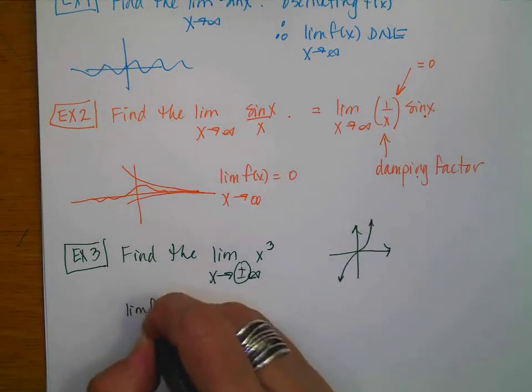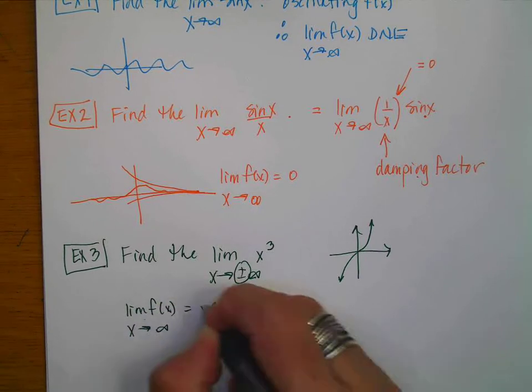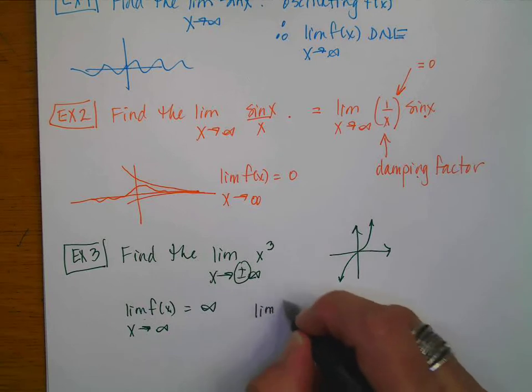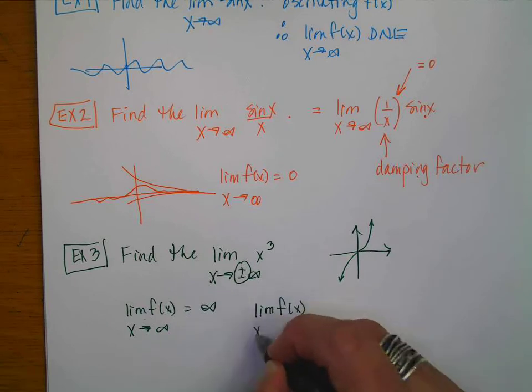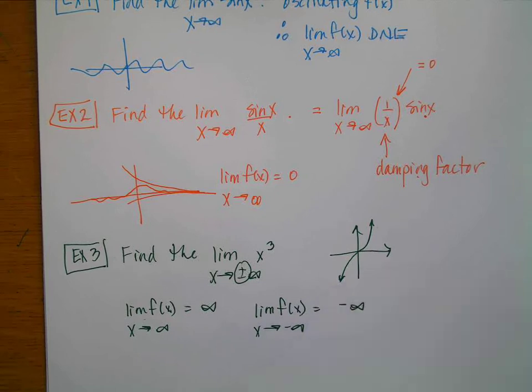If I consider the limit of the function as x approaches positive infinity, the graph is going to approach positive infinity. And if I consider the limit of the function as x approaches negative infinity, the graph is going to approach negative infinity.